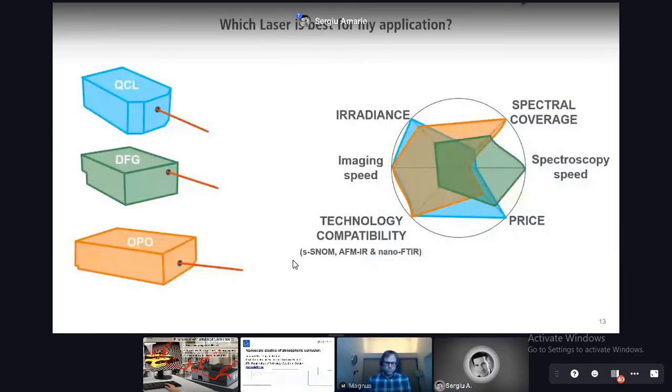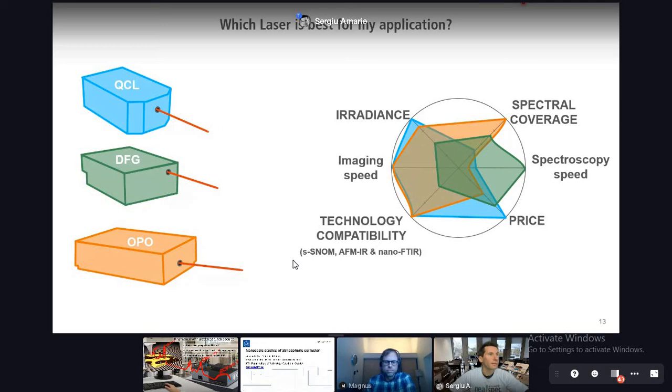So the spectral irradiance of the OPO laser is somewhere in between the QCL and the DFG. Of course, the QCL being a single line laser, you can put as much power as you want on that line, while the DFG laser needs to spread all the power over larger spectral regions. So it's somewhere in between.